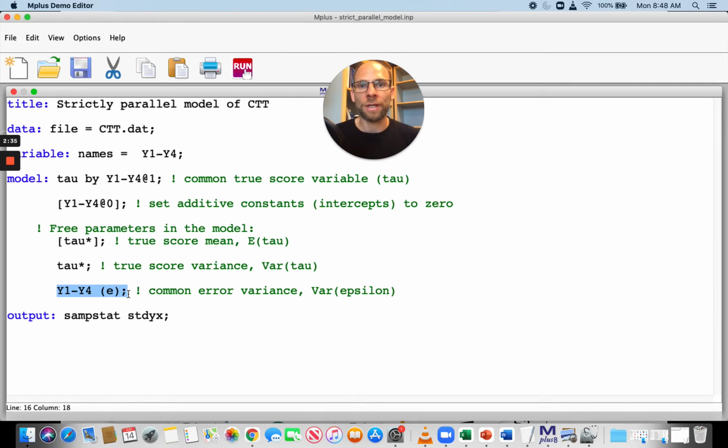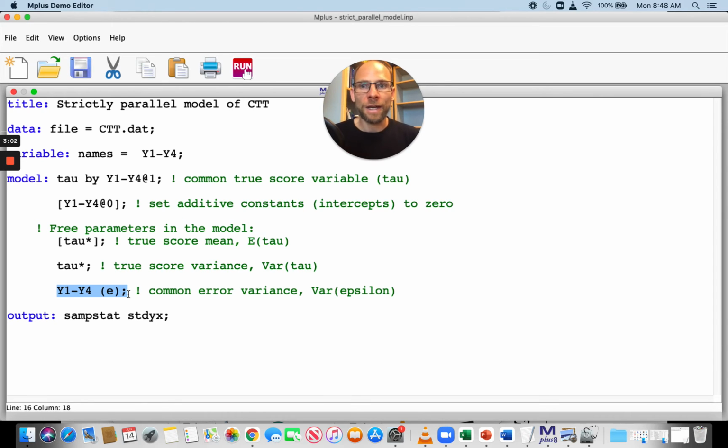That is also an implied constraint of the model of strictly parallel variables. As a result, this model will always have only 3 parameters regardless of the number of variables, because we're only estimating 1 common mean, 1 true score variance, and 1 error variance. So this model will always have only 3 free parameters.